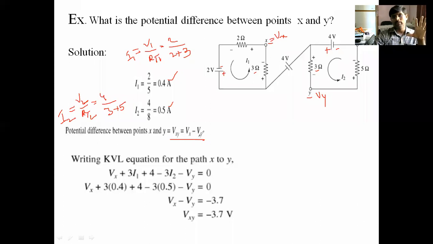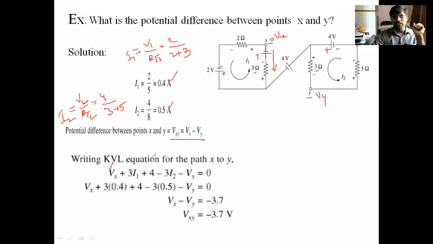Suppose you see the current in this direction from Vx to Vy, here the current is leaving from positive. That's why we have taken Vx as positive. And for the 3 ohm, also the current is leaving from positive, similar to the reference.